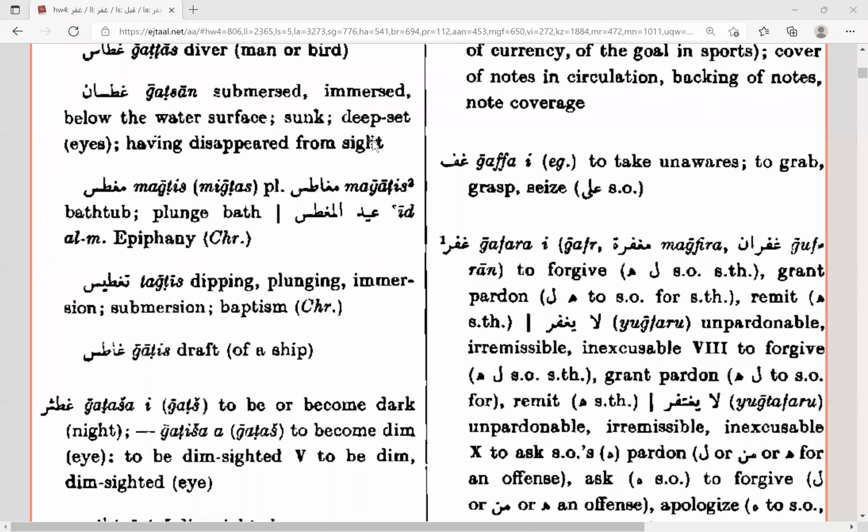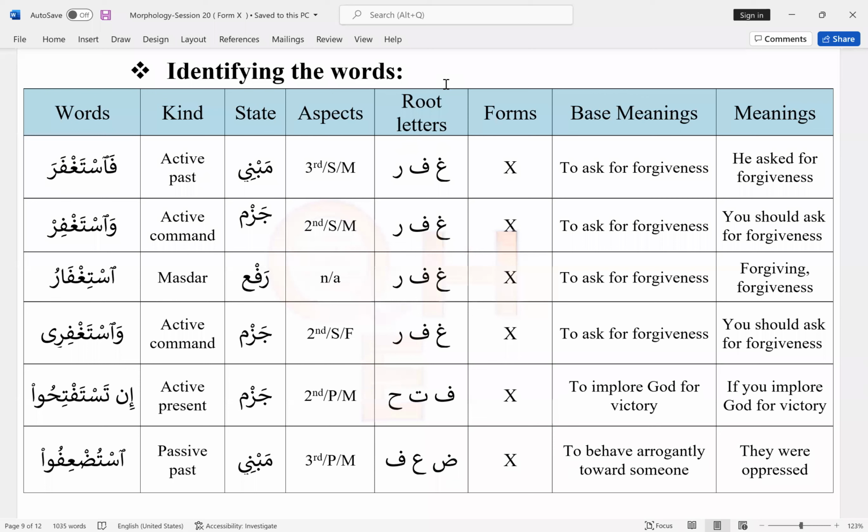Okay, now we have the next word, istaghfir. What does it match with? It is always better to keep the sarf sughra table available so we can match with the conjugation. So if you look at the table, this is how I'm matching. Istansir is corresponding to active command.